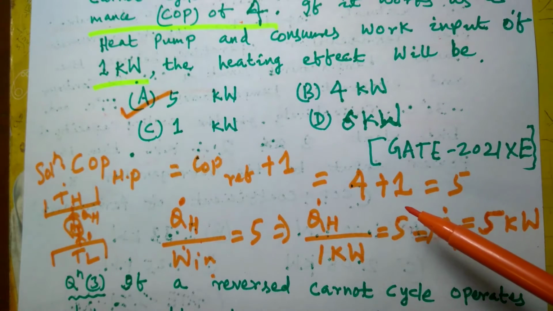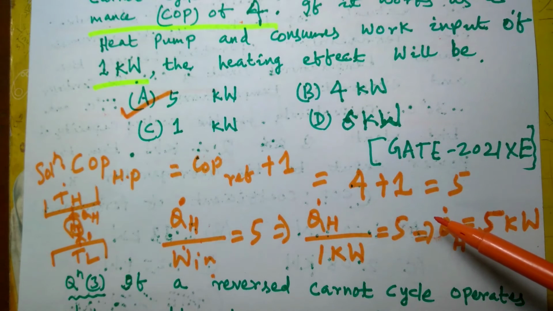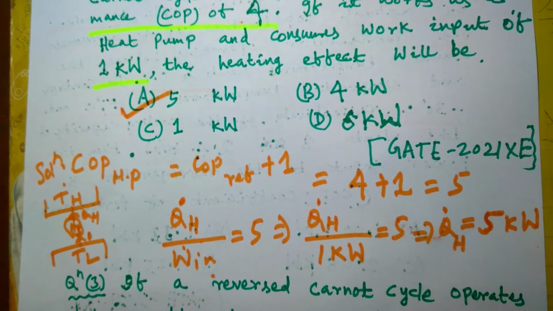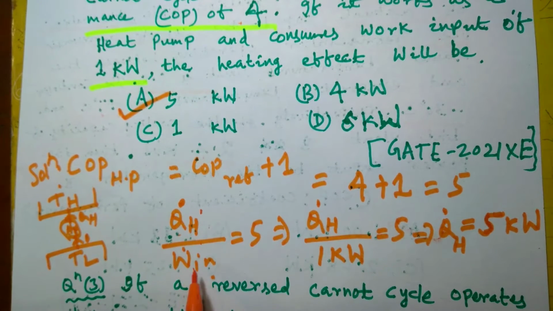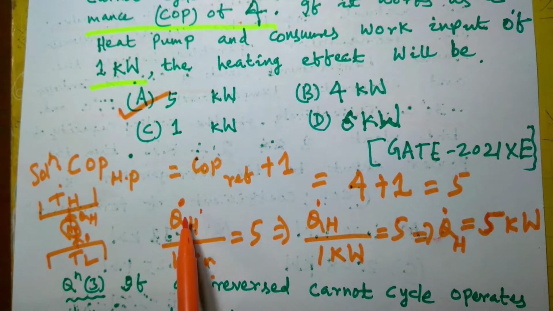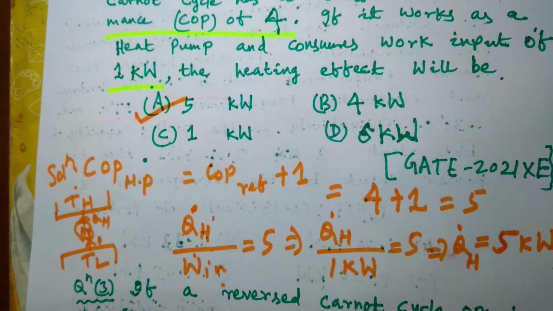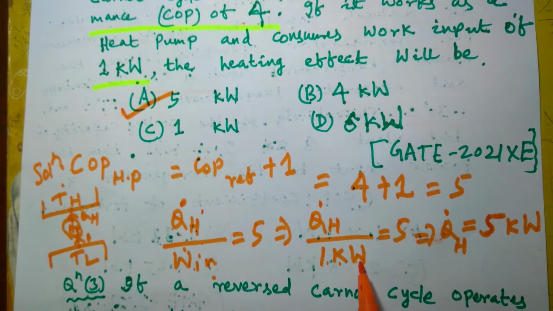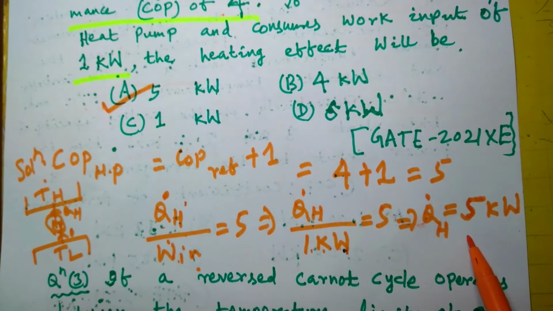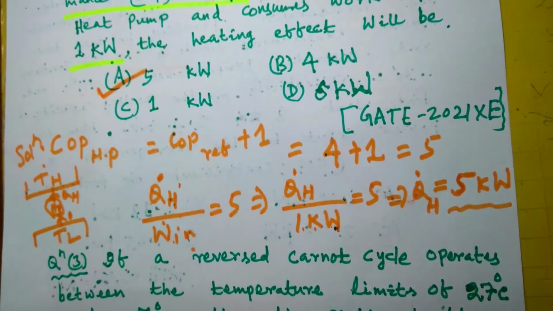So since COP of refrigerator is 4, COP of heat pump will be 5, and COP of heat pump is nothing but the heating effect divided by work input, and in case of refrigerator the COP is cooling effect divided by work input. So since work input is given to be 1 kilowatt, Q dot H is calculated to be 5 kilowatt. This is the heating effect.